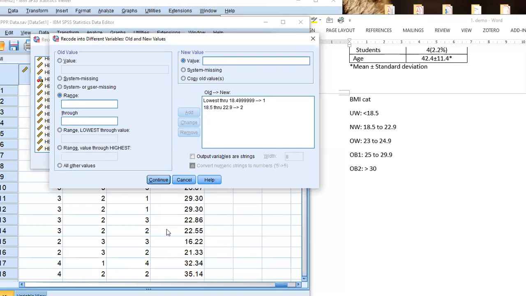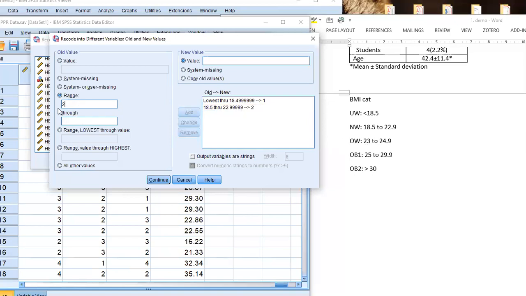Because these values are decimals, 22.91 won't be included in any category. So make it more decimals: 18.5 inclusive through 22.999, not reaching 23 yet.